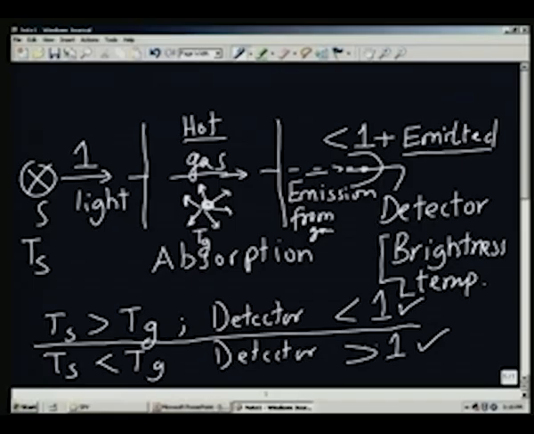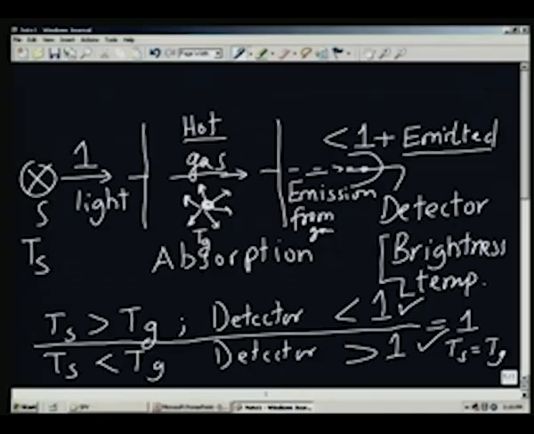If it is equal to 1, the temperatures Ts and Tg must be equal. So, we will say Ts equal to Tg. That means there is a full compensation: whatever is absorbed from the radiation coming from the source by the hot gas is exactly compensated by the amount of emission from the gas.